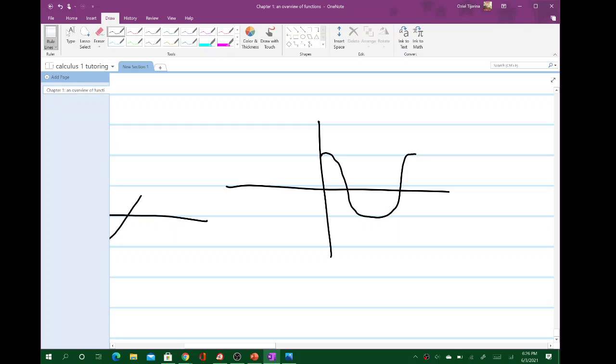That's kind of how cosine of x looks. If you graph it on your calculator, you'll know exactly what I'm talking about. So I'm just gonna try it again.